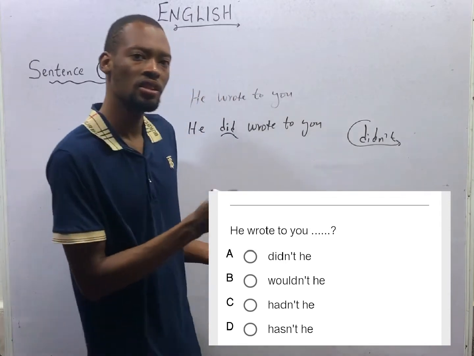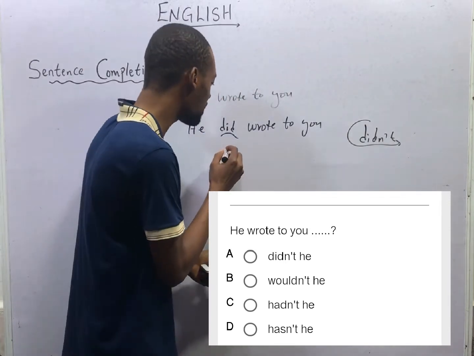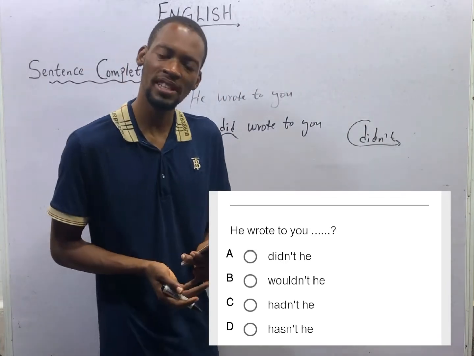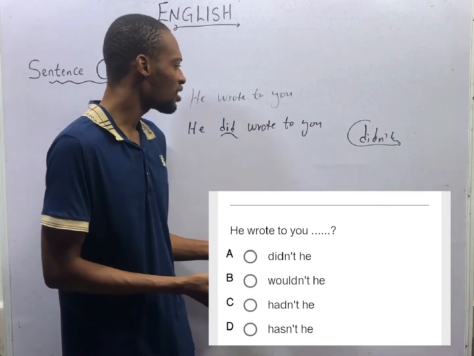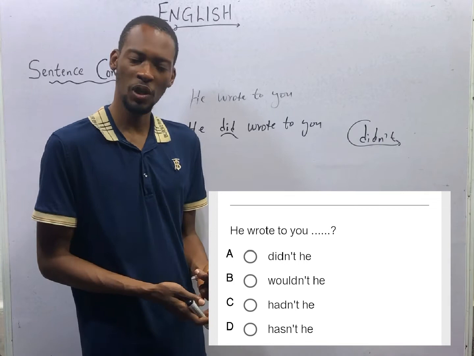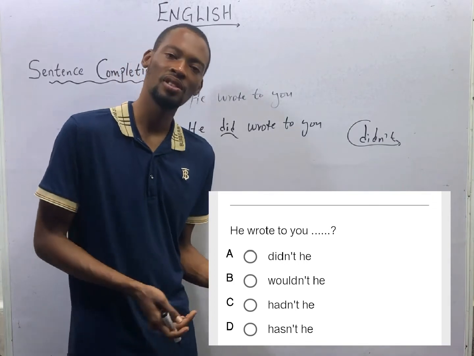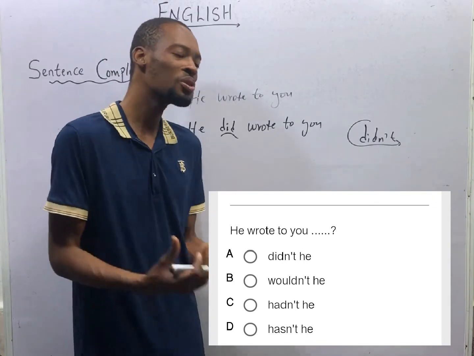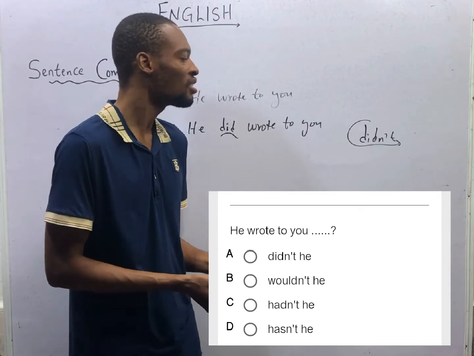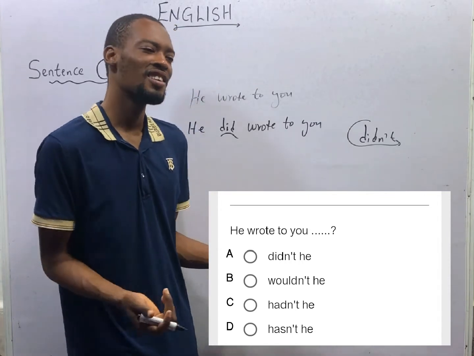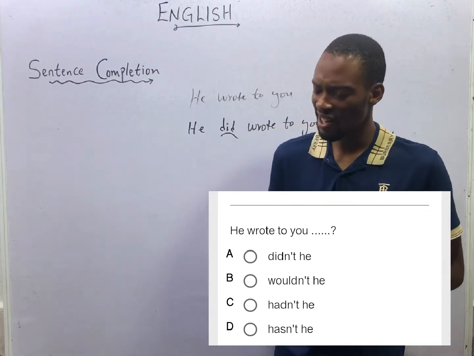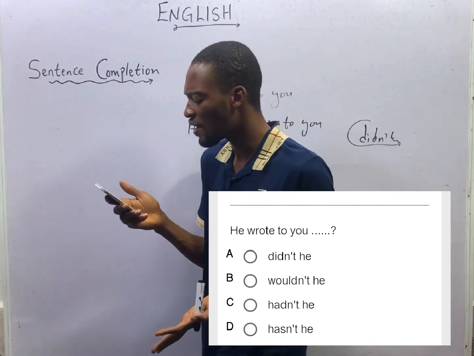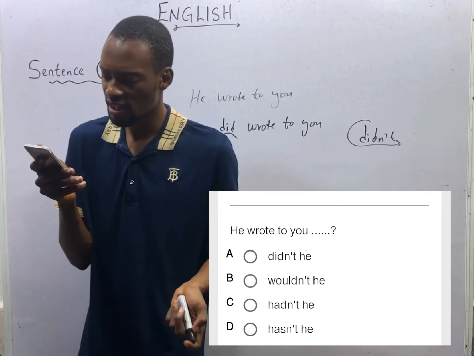If I say you didn't do it, the question tag should be did you? If I say you would go, the question tag should be wouldn't you? If I say you wouldn't go, the question tag should be would you? So that is the basic rule of question tags, and they are usually very easy to answer.